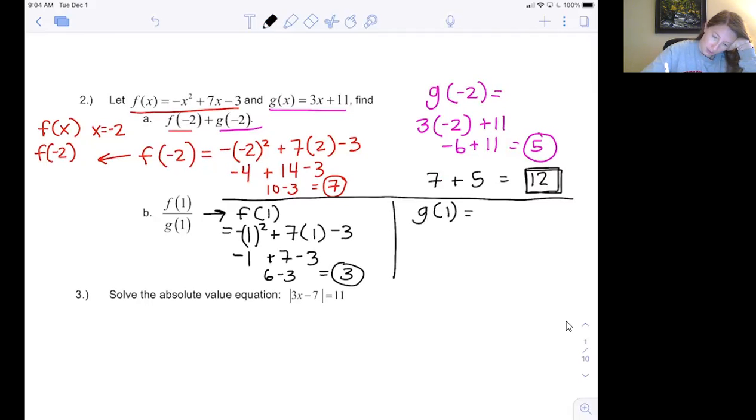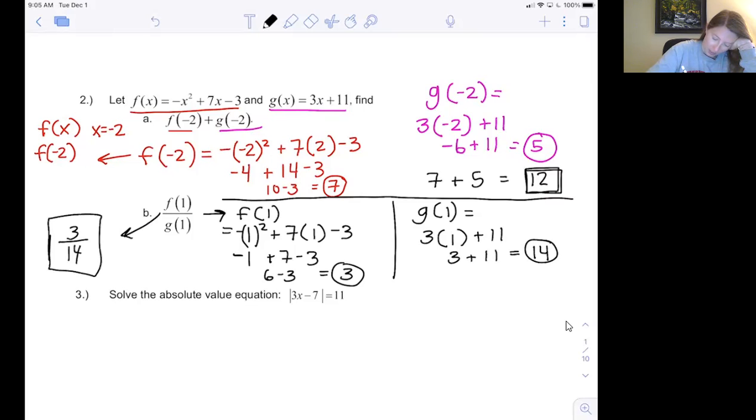And then my g of 1 is just 3 times 1 plus 11, which is 3 plus 11, which is 14. And now they just want me to divide, so I'm just going to replace them. My f of 1 is 3, and my g of 1 is 14. So that's my answer.